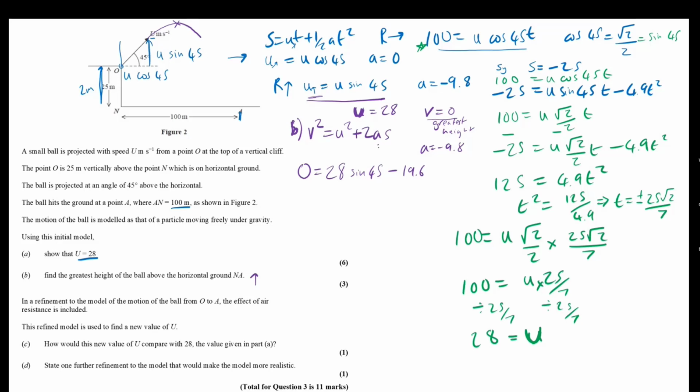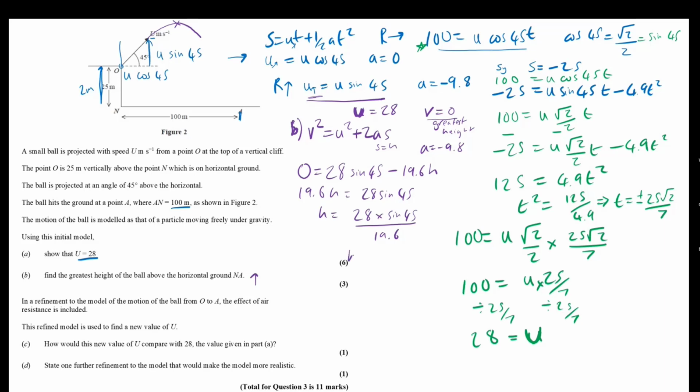And instead of this S, I'm just going to call it H, because that's the height. Rearrange: 19.6 H equals 28 sine 45 all squared. So we get H equals, and you can just do this on your calculator, 28 sine 45 squared over 19.6. And you should get an answer close to 20.